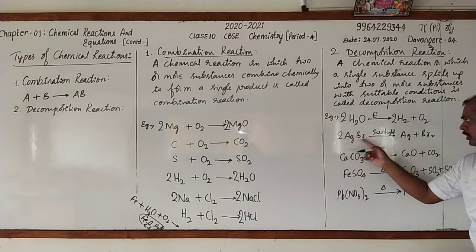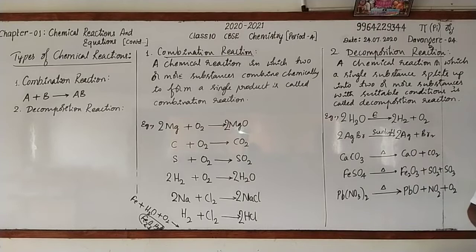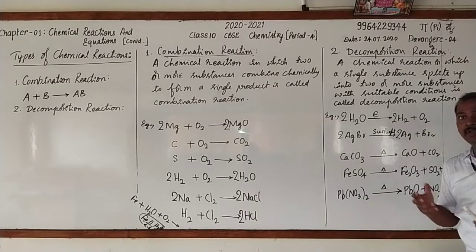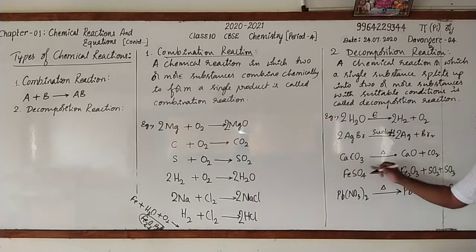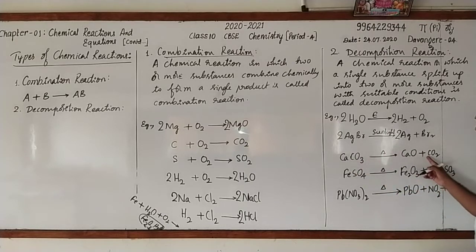What about silver? 2 are there, hence I will write here 2. Then calcium carbonate, when it is heated, decomposes into calcium oxide and carbon dioxide. Calcium 1 atom, 1 atom. Carbon 1 atom, 1 atom. Oxygen 3. Here 1 plus 2, 3. It is already balanced.